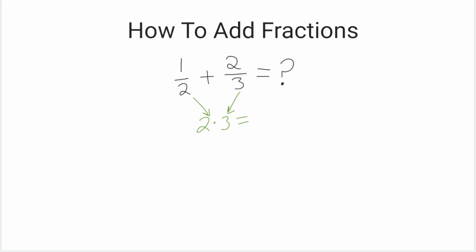So we have 2 times 3. That gives us 6. Now this 6 here becomes our new denominator, or our new bottom number of our fraction.